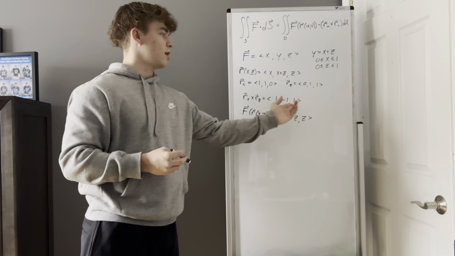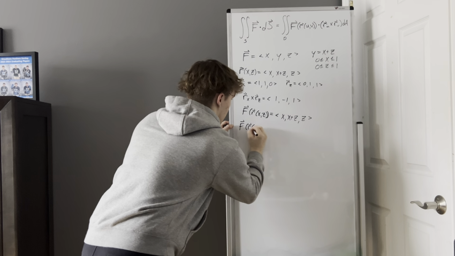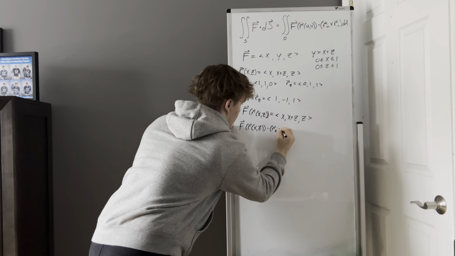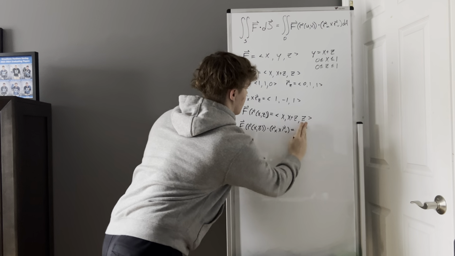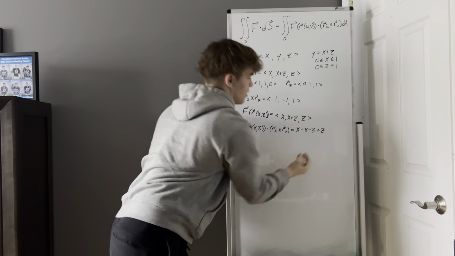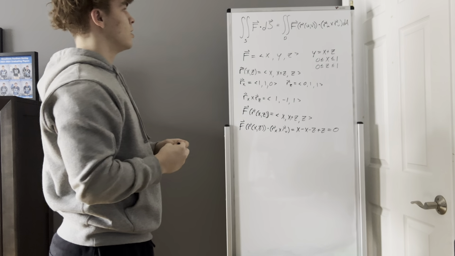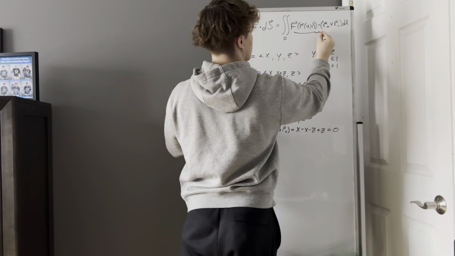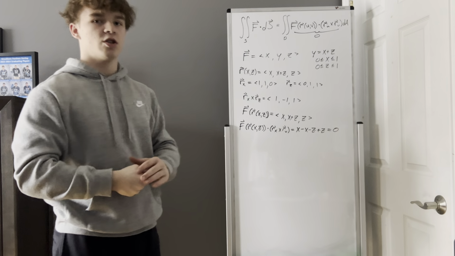Dot producted with this, we will get x minus x minus z plus z. You'll notice this actually equals 0. So that means we have the double integral over D of 0 with respect to area, and this, of course, is just going to equal 0.